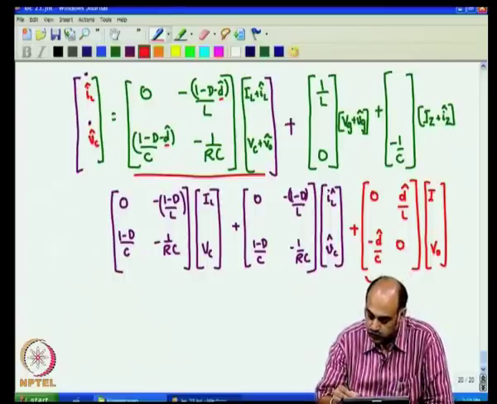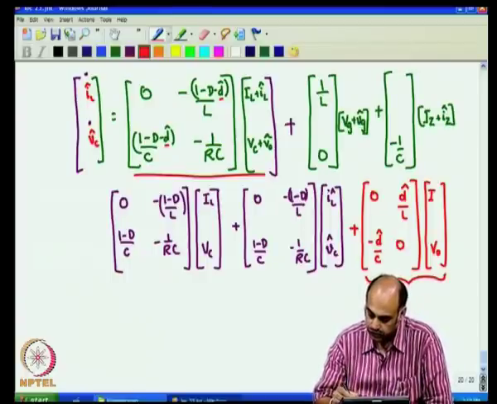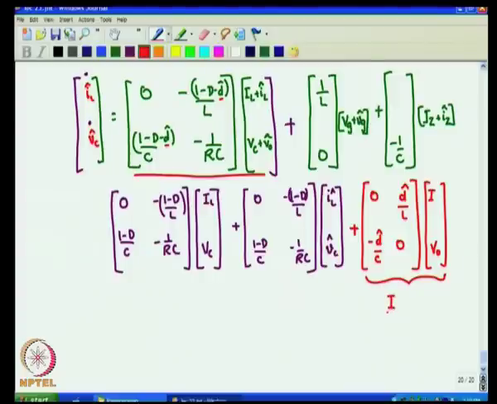So, this actually would become V naught by L, that is, I am trying to link these two and these two, minus I by C, d hat.